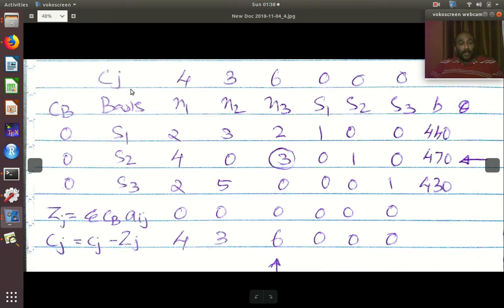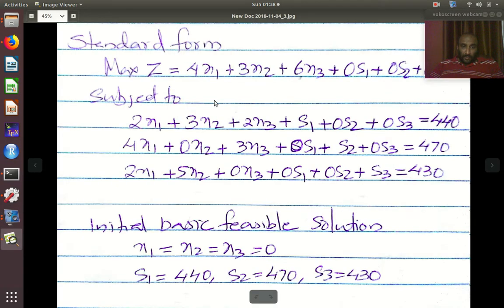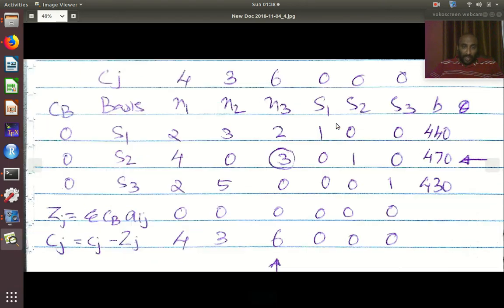The equation was in its previous form, 4x1 plus 3x2 plus and so on. We introduce these variables here: 4x1 plus 3x2 plus 6x3 plus 0s1 plus 0s2 plus 0s3, and the basis is s1, s2, s3. Here we have chosen three basic variables, s1, s2 and s3, and their corresponding coefficients we write here as cb.